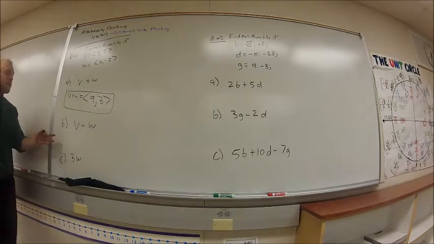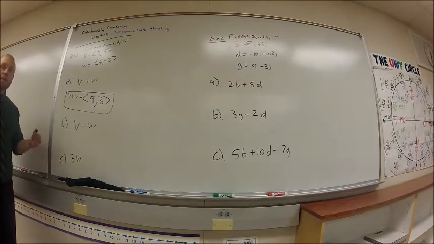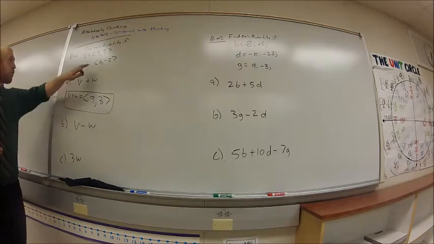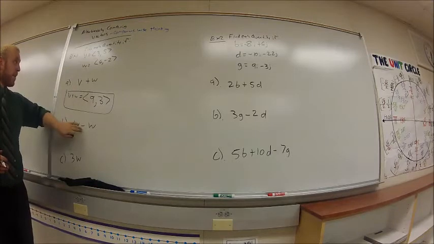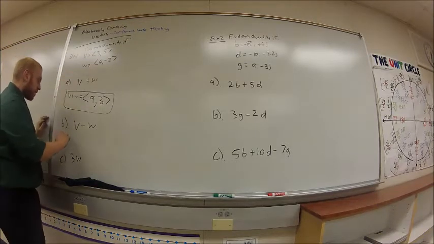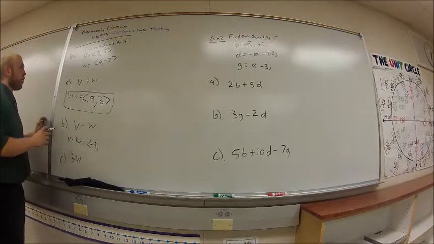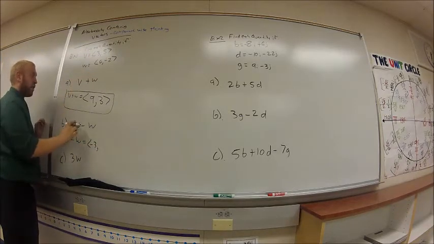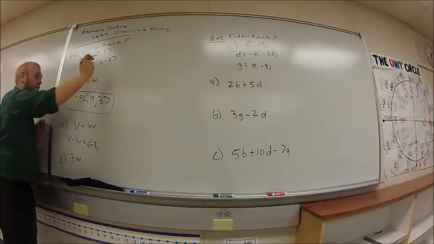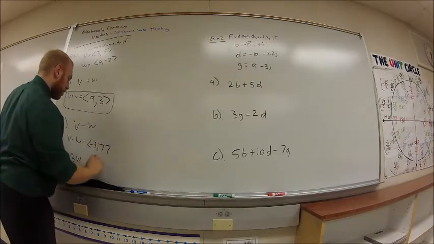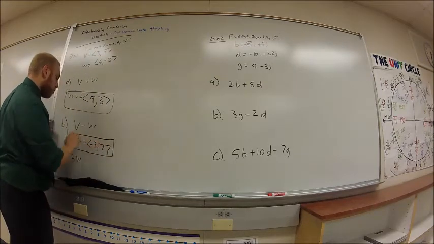Well, for v minus w, still doing it component-wise. The horizontal component of v was 3 minus the 6. That's going to be negative 3. Comma. Well, it's 5 minus negative 2. 5 minus negative 2 is 7. And I promise if you graph those, you would have gotten the same thing.